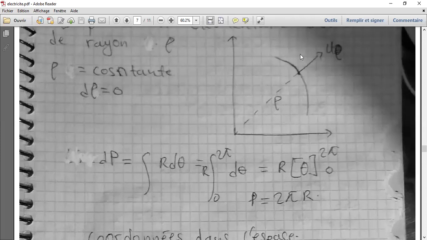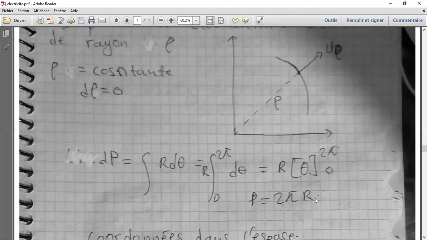So to calculate this displacement, dp is equal to the integral of r d theta, where we have said that rho, which is r, is constant. We just remove it out. Then you integrate from 0 to 2 pi, the way we did the first one, and then you have the elemental displacement, which is 2 pi r.